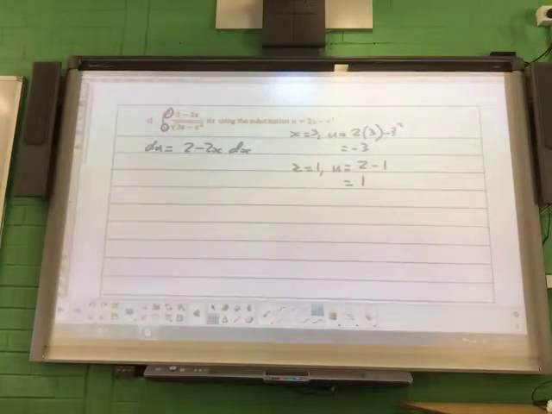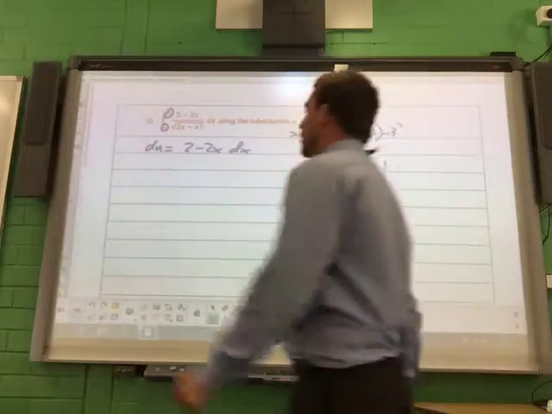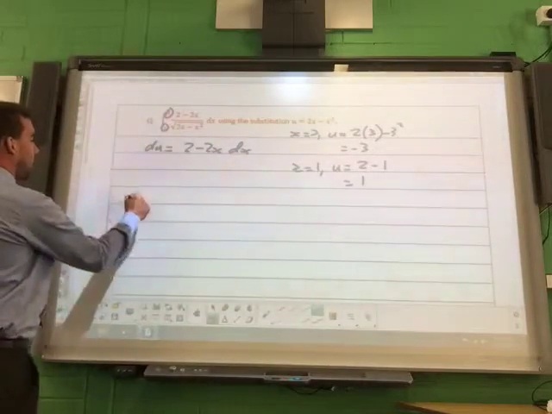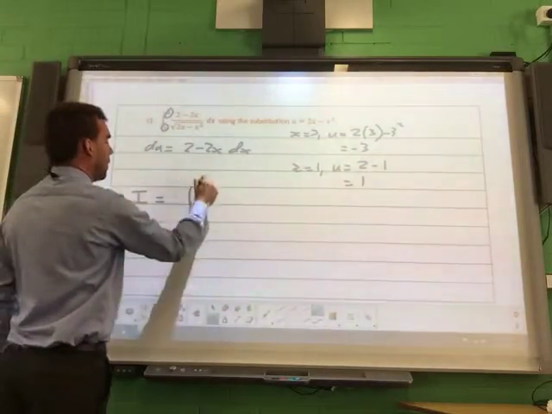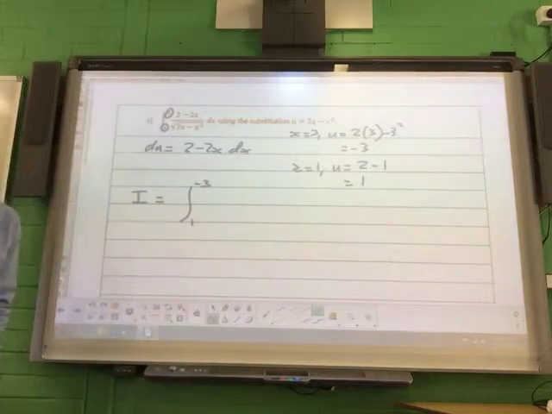Even though 1 is higher than -3, and that will be the bottom of my integral, you need to leave them as they are. You can't just swap them. So the limits become from -3 to 1.